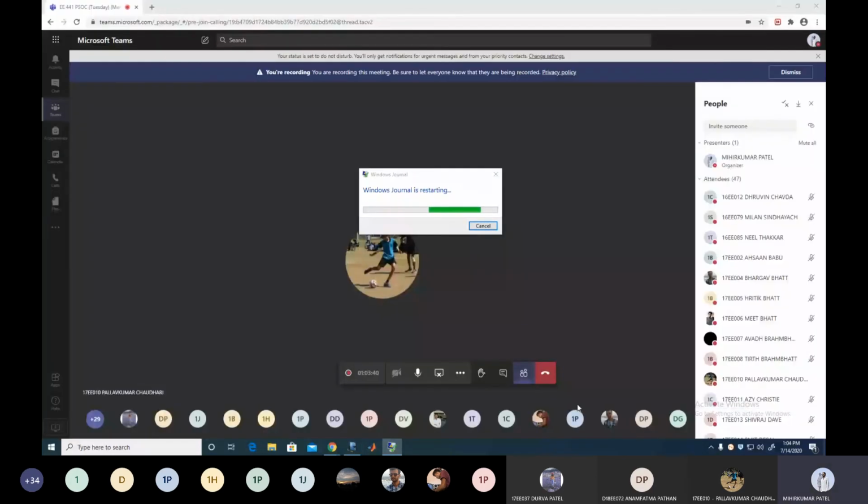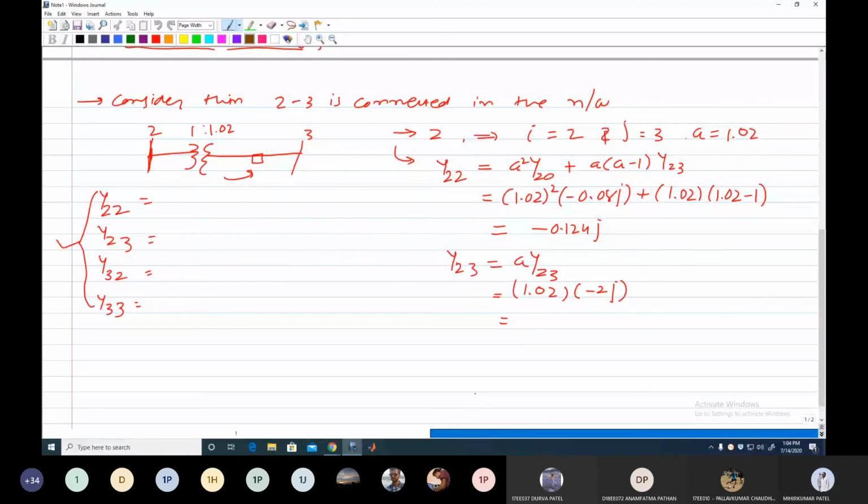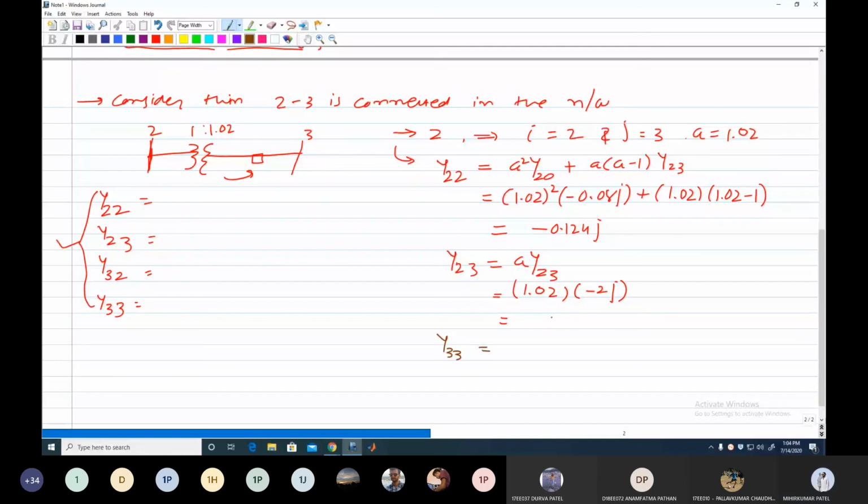Then just substitute the values. What is the final answer for y33? Minus j 0.12.